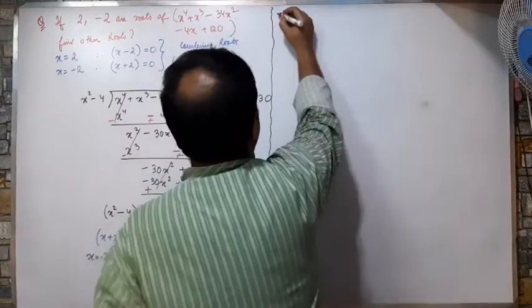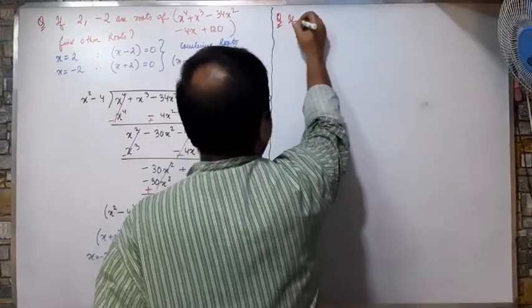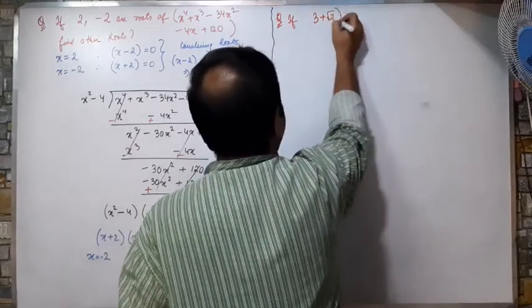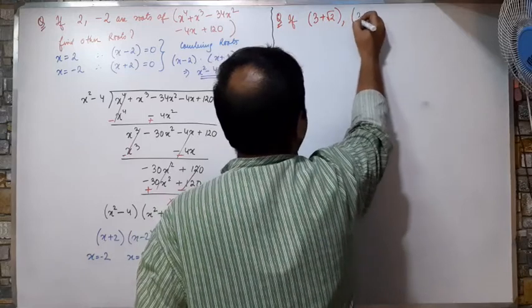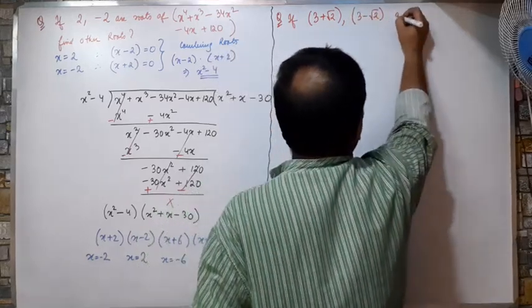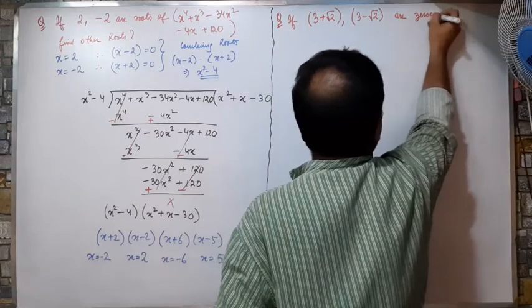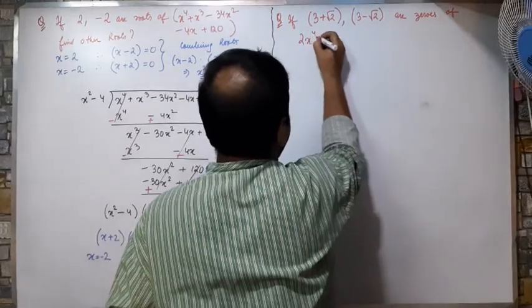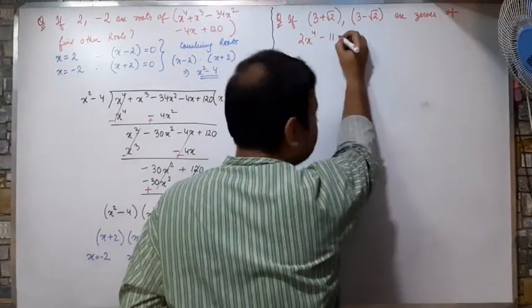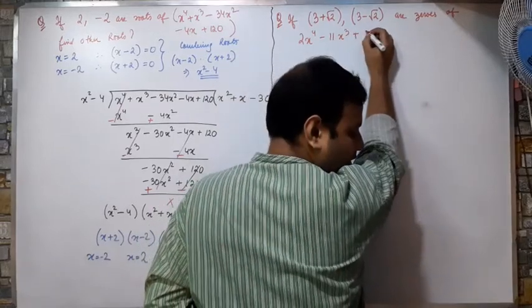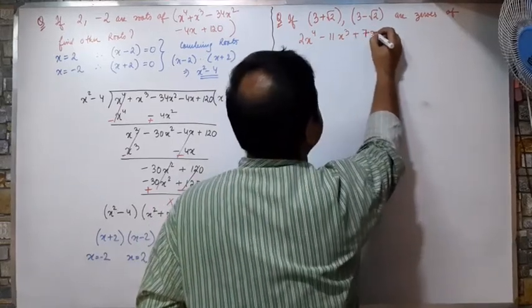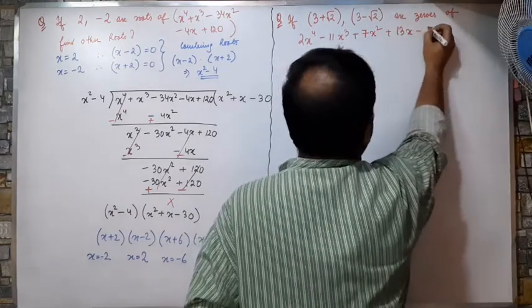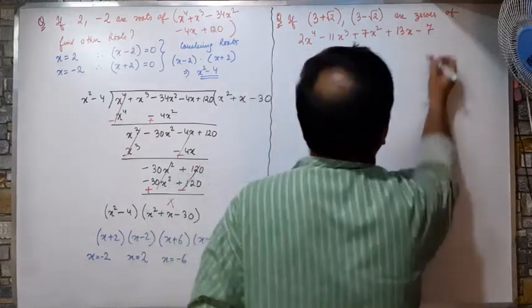The question is like this. If 3 plus √2, comma, 3 minus √2 are zeros of 2x to the power 4 minus 11x cube plus 7x square plus 13x minus 7.